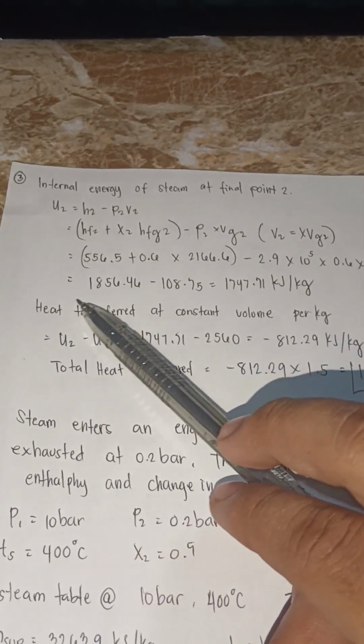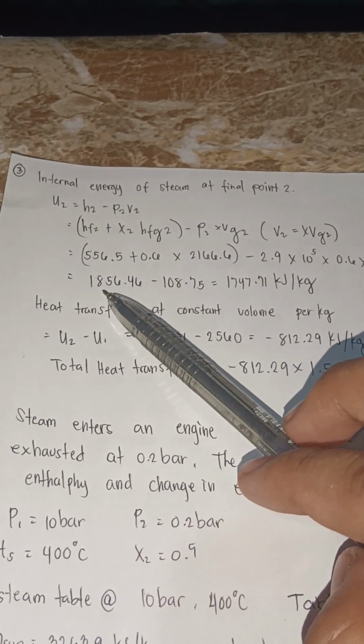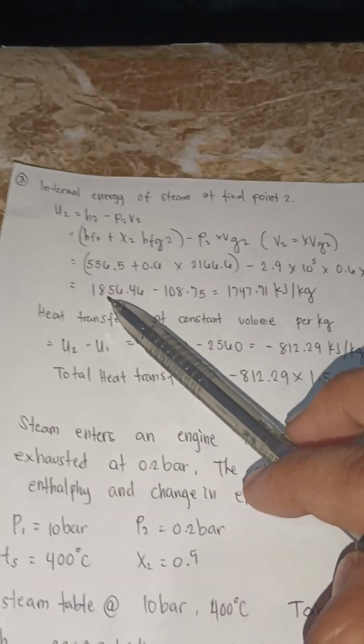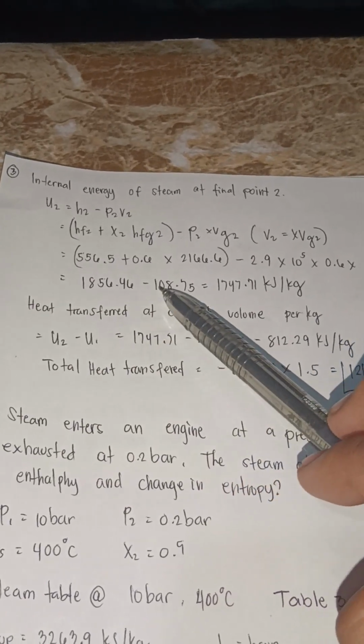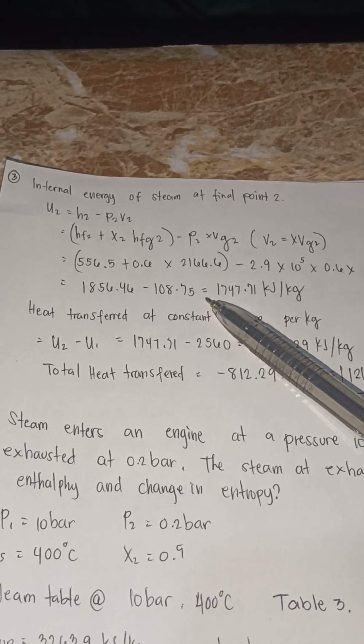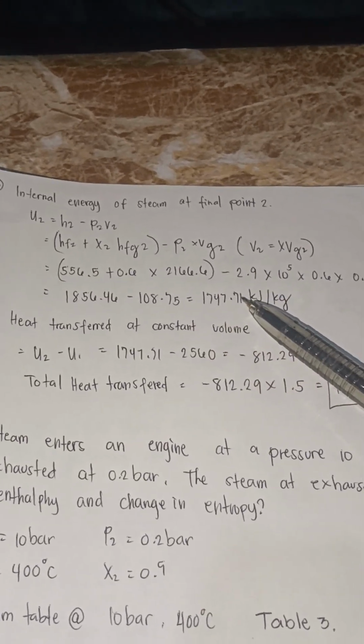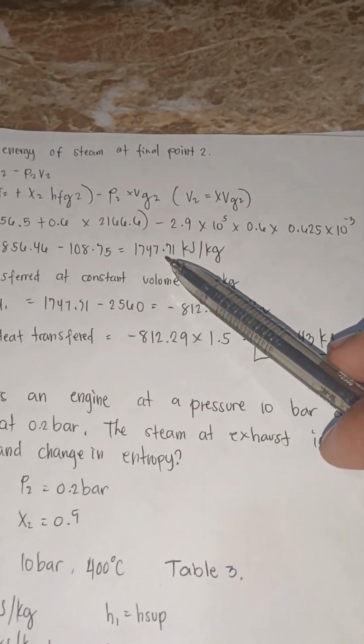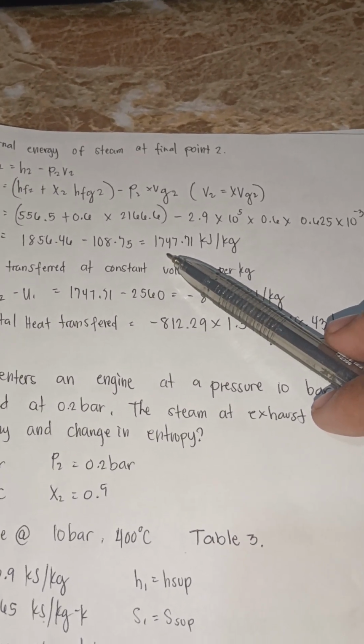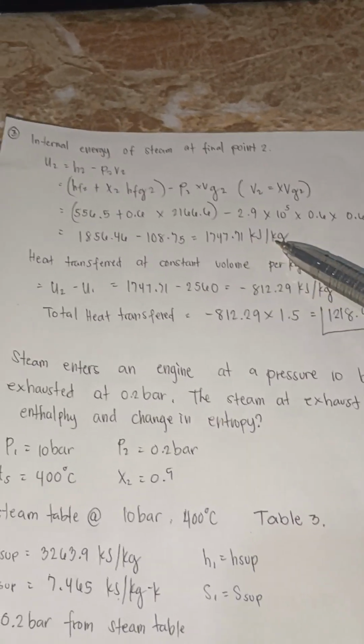So that equals 1856.46 minus 108.75. So we are given the internal energy of 1747.71 kilojoules per kilogram.